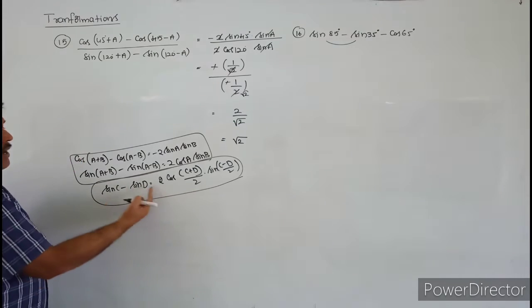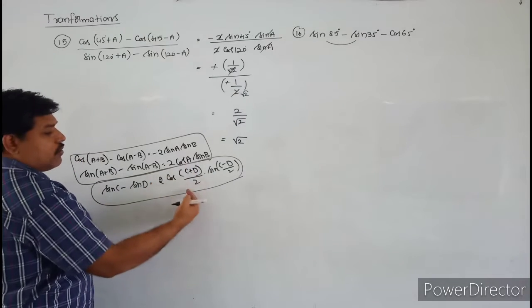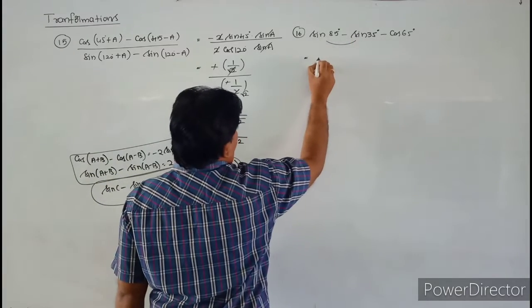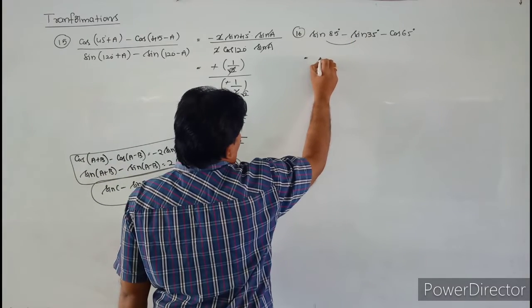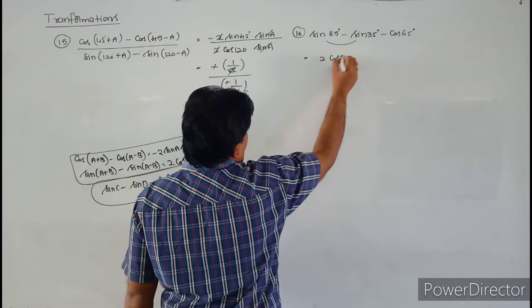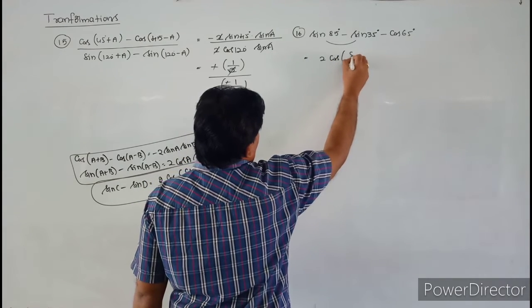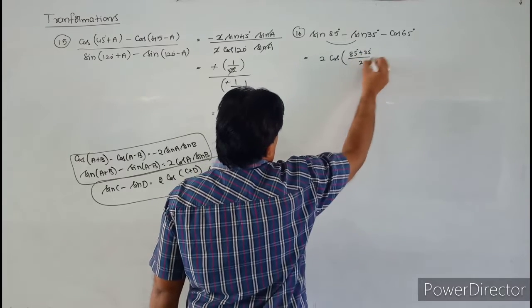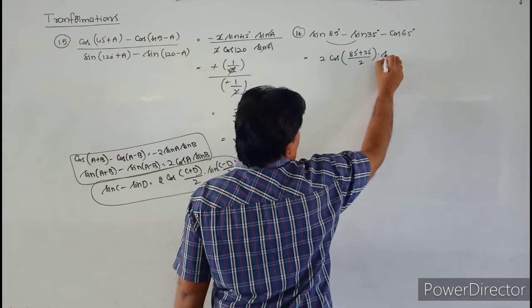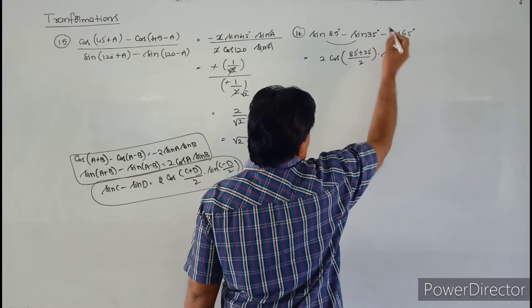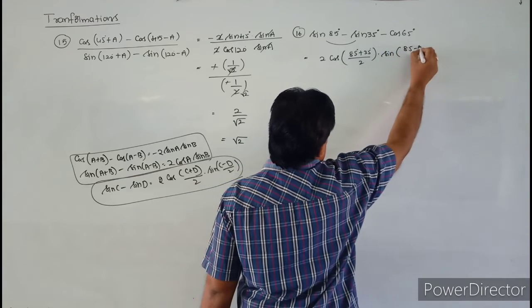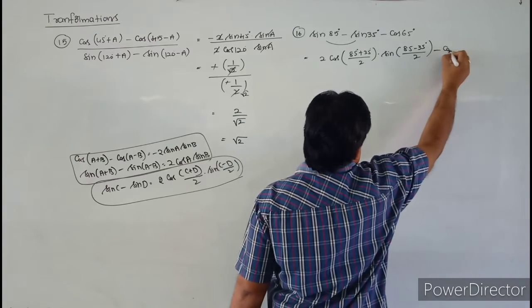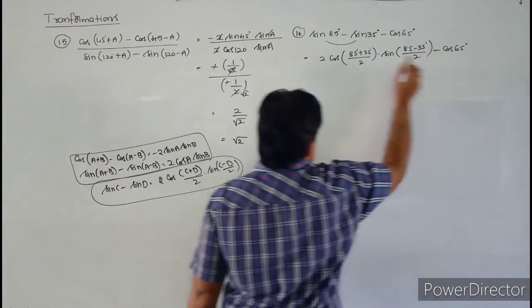So that is nothing but 2 into cos of 85 plus 35 by 2 into sin of 85 minus 35 by 2, minus cos 65 degrees.